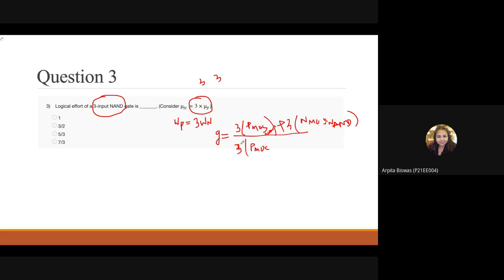So one PMOS is participating, but here the condition is thrice, so WP is equal to thrice of Wn. That's why thrice of PMOS for the NOT gate plus one NMOS for NOT.